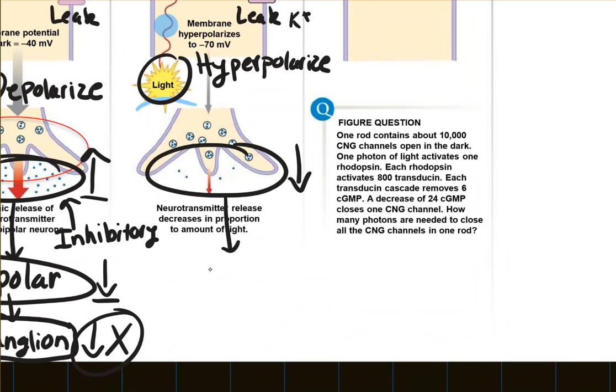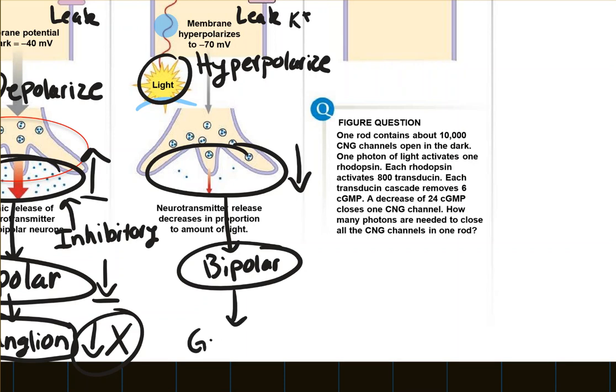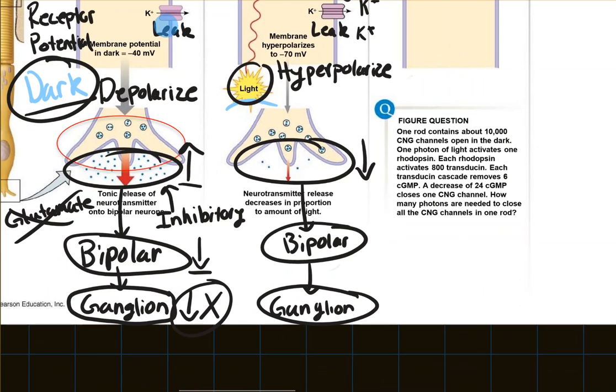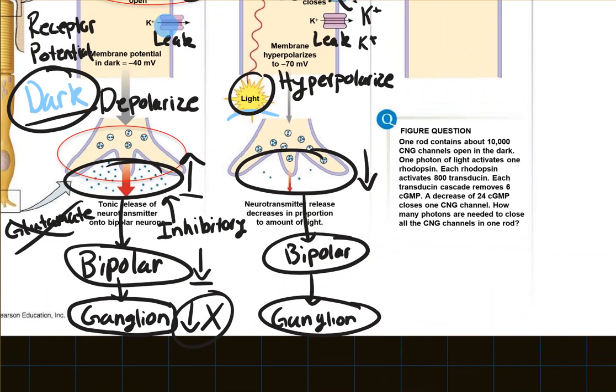So again, if this is going to go to the bipolar cell, and if that is going to go to the ganglion cell, then let's talk about what happens here. If we have less inhibitory neurotransmitter, then we have more firing of the bipolar cell.